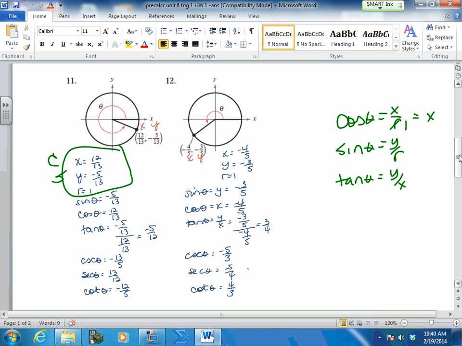Then you just got to plug them in again. And if it helps you, I did it this way because unfortunately I had them too close to each other. But if it helps you, put them next to each other like this. Cosecant, right next to each other. So that you just take them and you take its reciprocal. It's easiest when they're right alongside each other.